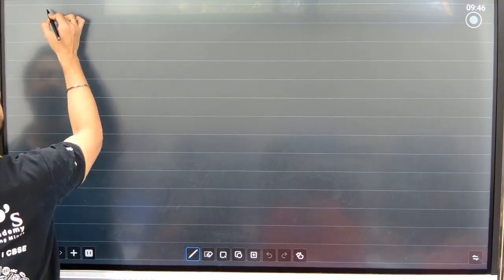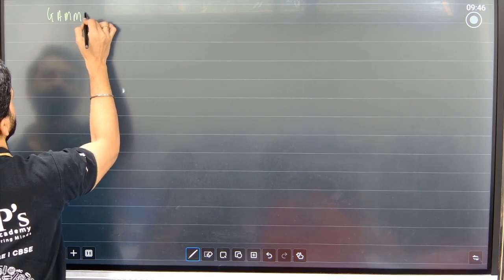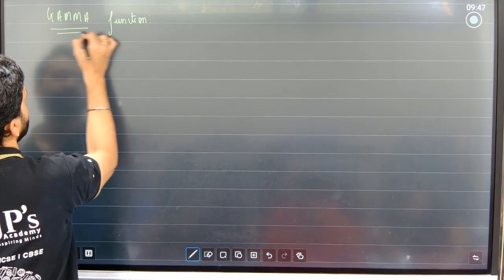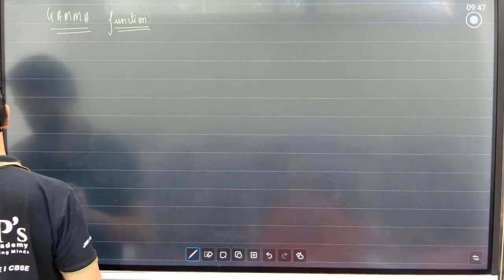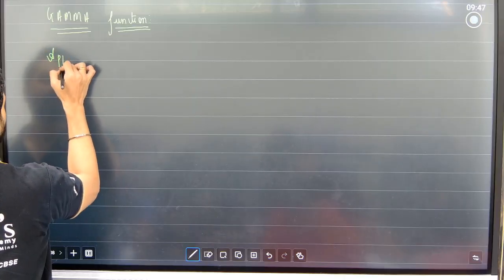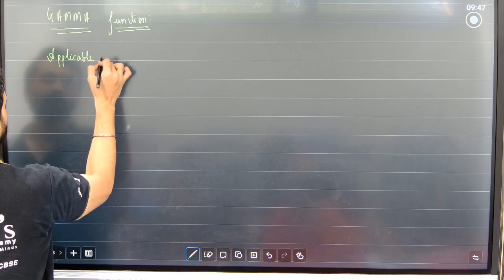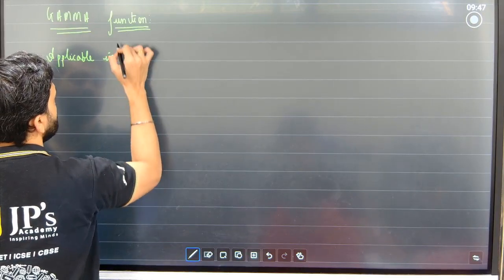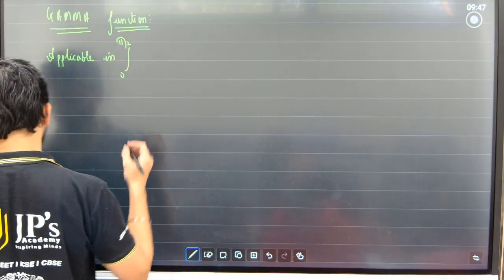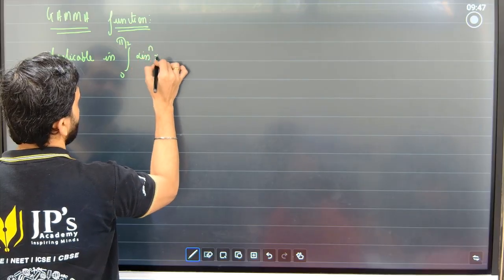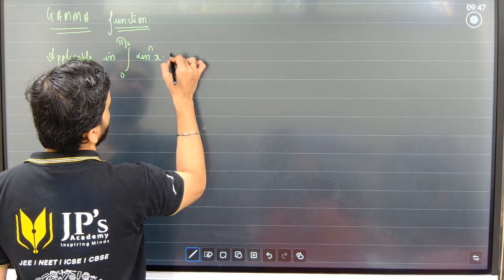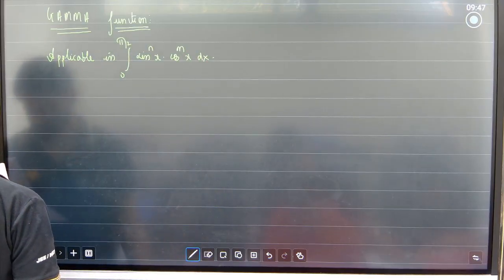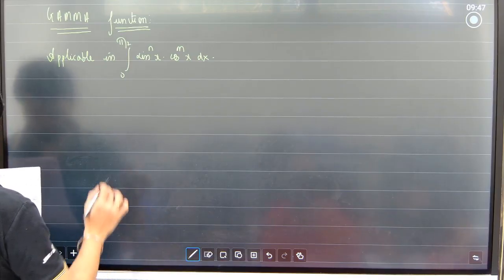Next is your gamma function. This is applicable in integration 0 to pi by 2 of sin raised to n x into cos raised to m x dx.